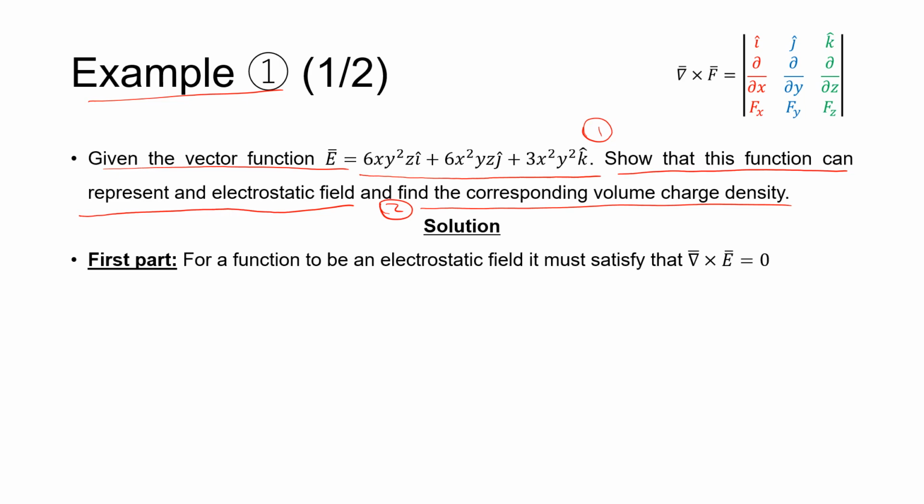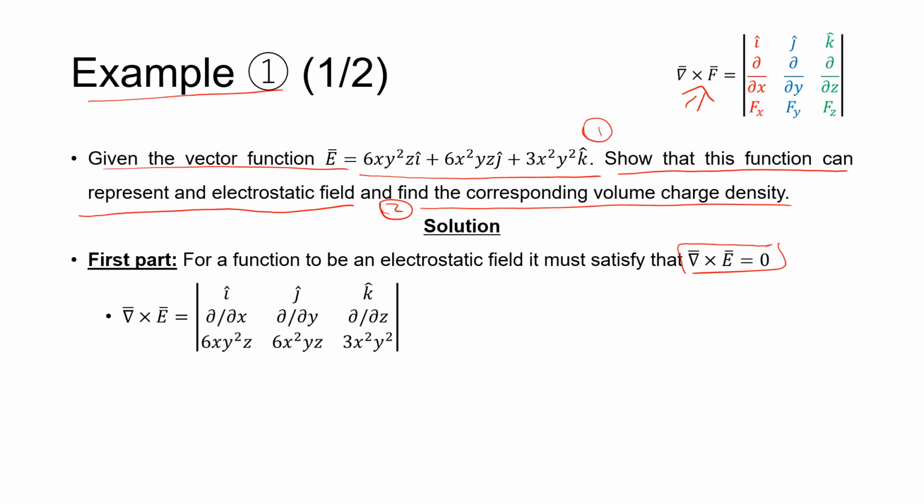To do so, let's do the first one. For a function to be an electrostatic field, it must satisfy nabla cross E equal to 0, or curl E equal to 0, as we have said. This is how to calculate the curl in Cartesian coordinates. i, j, k are just the directions.